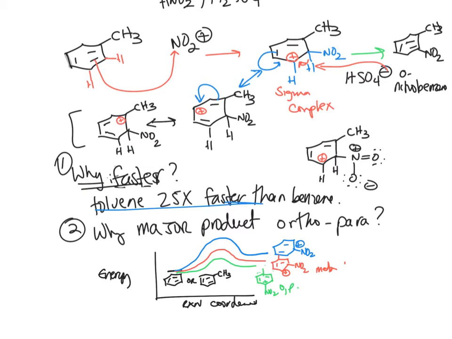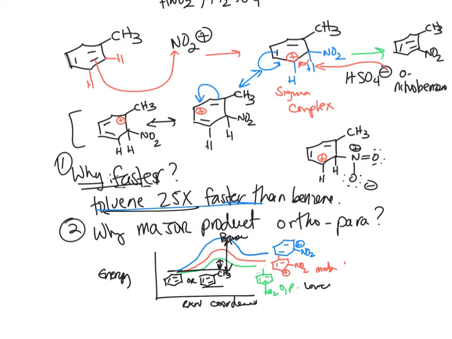And so you see that the height of your activation energy is lower for toluene. Here, this one's benzene. And then you have these graphs in your slides. That is a picture showing you that experimentally, toluene is 25 times faster than benzene.